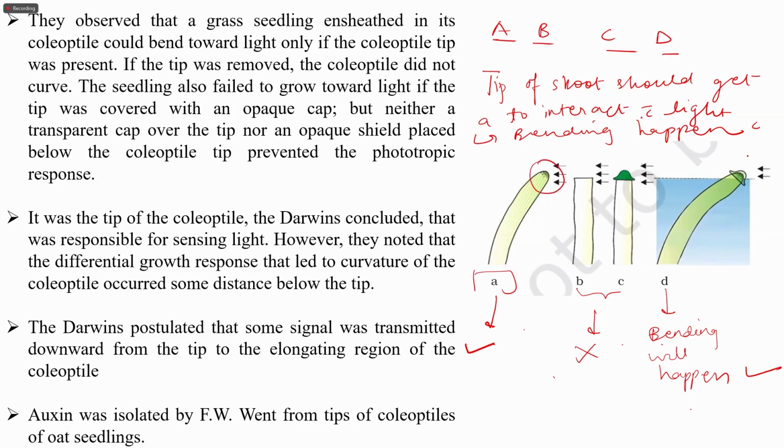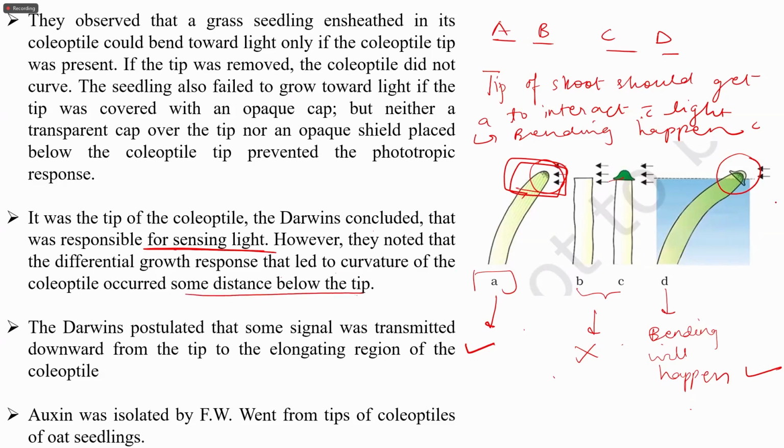So what conclusion can we draw from this? That definitely there is a role of the coleoptile, that is, the tip region of the shoot. It was the tip of the coleoptile, the Darwins concluded, that was responsible for sensing the light, because once we cover it with a dark structure or cut it, the interaction with the light is hampered and we do not notice any bending. However, they noted that the differential growth response that led to curvature of the coleoptile occurred some distance below the tip.